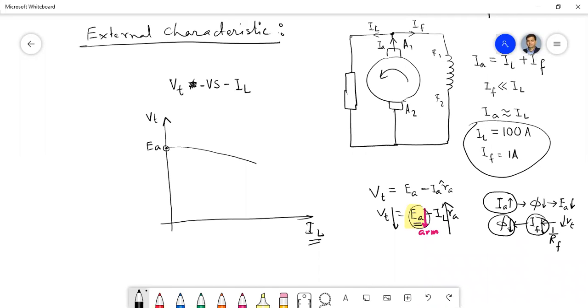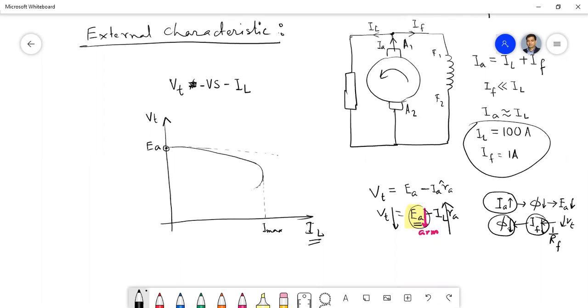And if it was a straight line like this, it will be drooping at a much faster rate, and after some maximum value of load current, this is also called the breaking current.